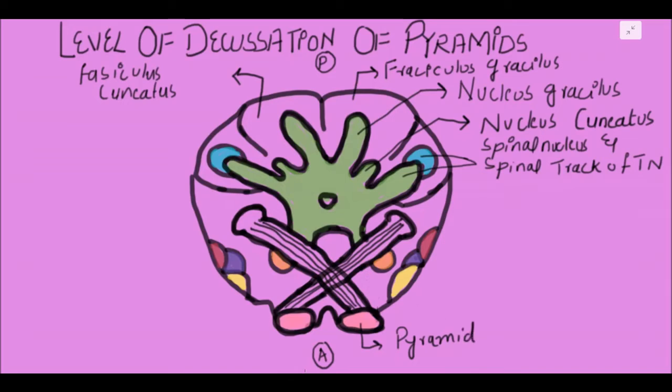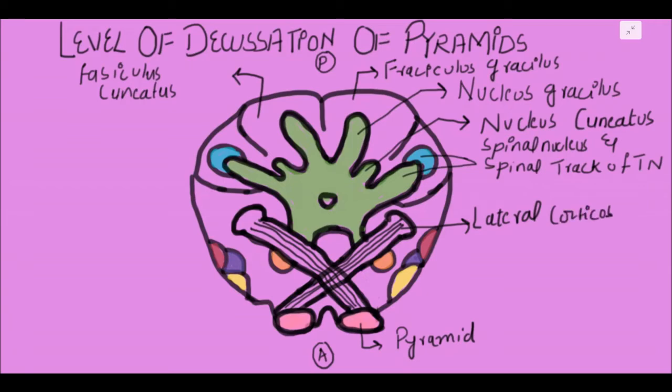The pyramids contain fibers like corticospinal fibers, and they cross to the opposite side and form the tract known as the lateral corticospinal tract.